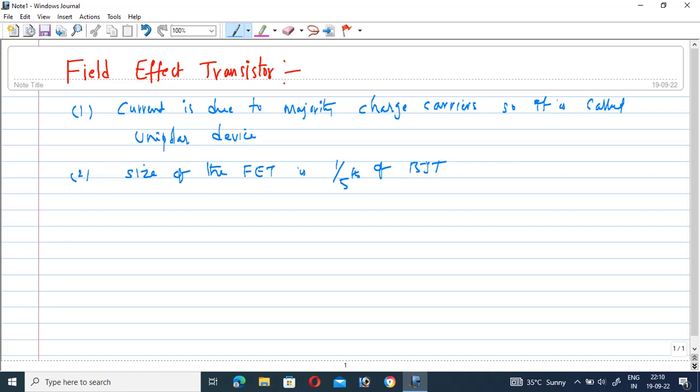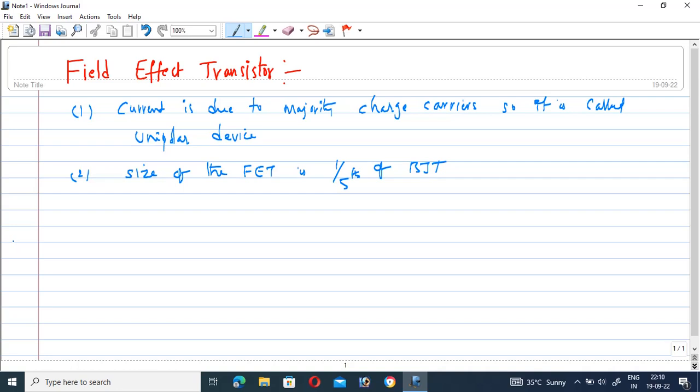It is also a unipolar device because in the FET only one type of carrier is responsible for the current produced in the channel, whether majority charge carriers of electrons or of holes. It may be either one. But in the BJT, the current is due to both majority and minority charge carriers. That's why it is called a bipolar junction transistor, but we call the FET a unipolar device.